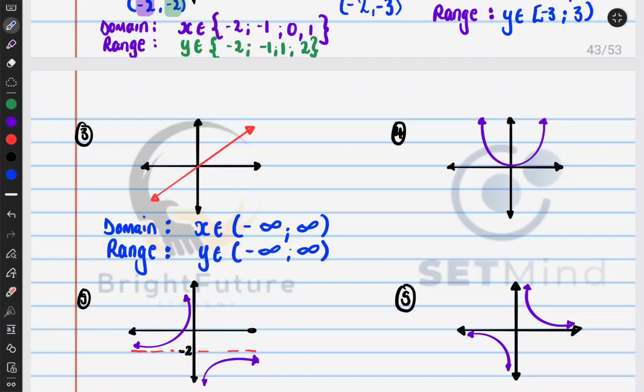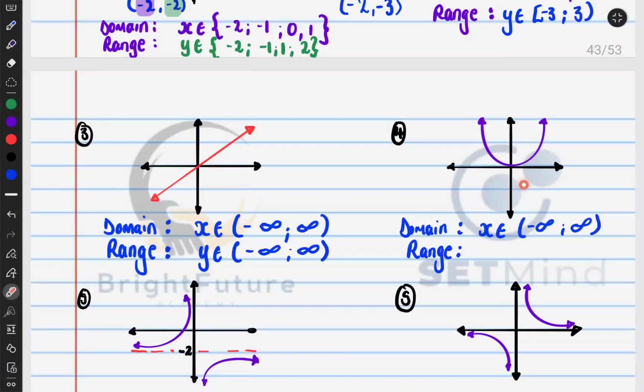So for the domain of this function, we're going to say x is the element of negative infinity to positive infinity, as we can see that the function exists for all the x values. And then the range, pay attention now. As we can see, the function only exists from the origin going upwards for the y values.